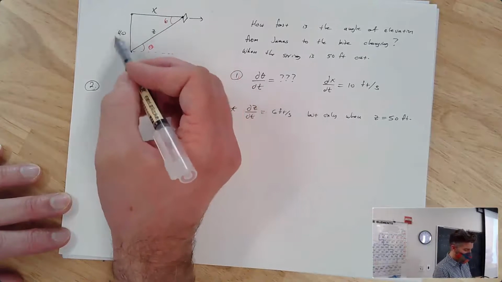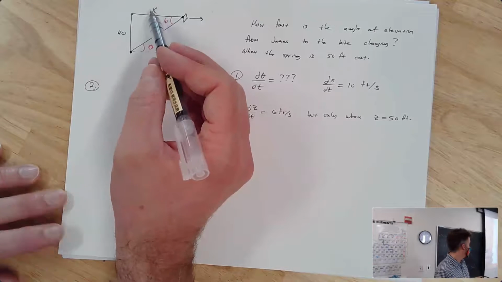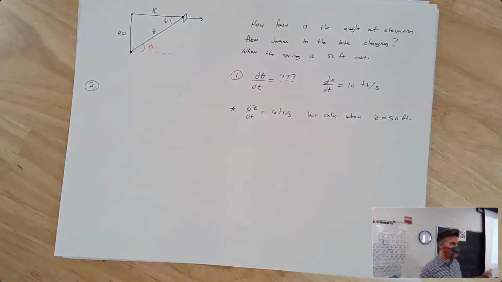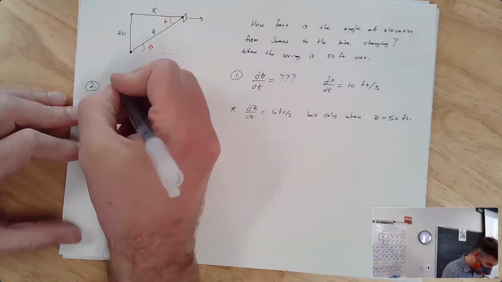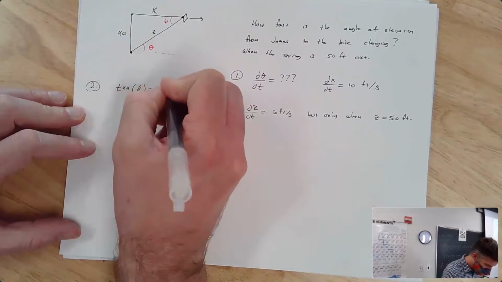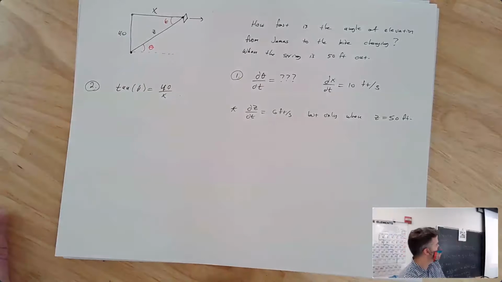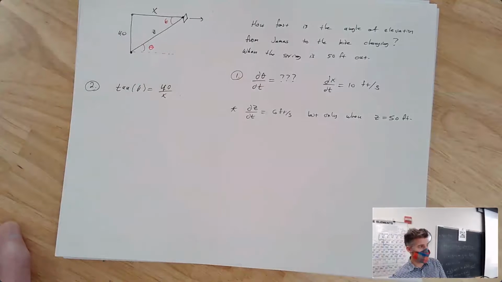So we want a trig function that has the opposite and the adjacent. Tangent is definitely one option. You could say tangent of theta equals 40 over x. But knowing that I'm going to differentiate both sides of this equation, I would like to make my life easier.